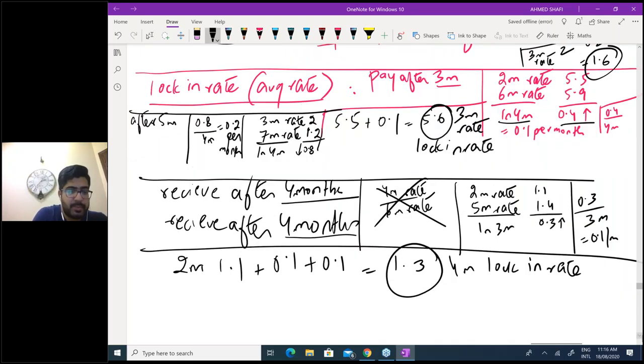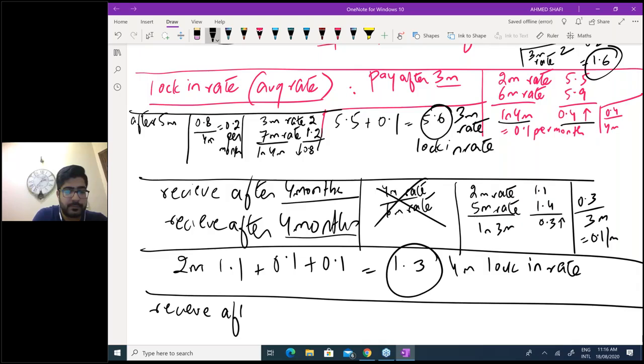Similarly, you will be receiving or paying after 7 months. When you go to the offer, he says 6-month rate 5 and 8-month rate 4.5. So obviously I want to receive after 7 months. I need a 7-month rate. The rates are for 6 months and 8 months, so I need a 7-month averaging rate.